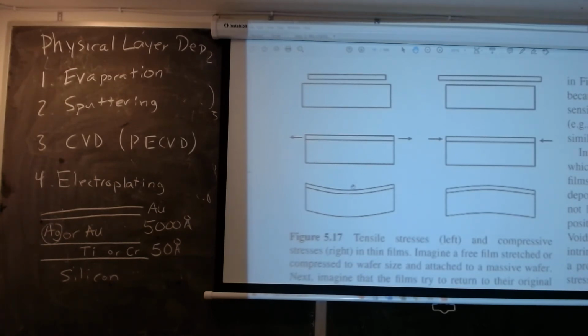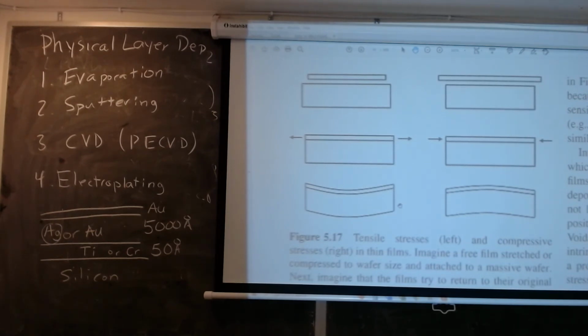The easiest way to think about what happens here is that if I'm under tensile stress, and I don't even like what he's drawn here, so ignore this, just focus on the thin film, and this is what happened. You deposited the thin film on the substrate, you pulled it out of the evaporator or whatever you used to deposit the thin film, and you saw that the wafer bowed like this, and you go, oh my goodness.